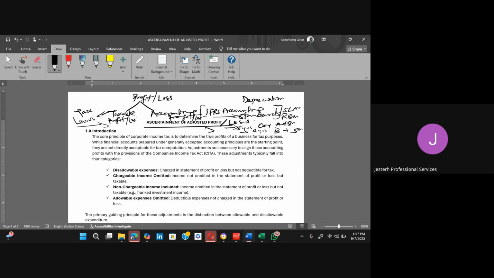Even if both of them use the same useful life for their assets, at the end of the day, they will still arrive at different depreciation amounts. So that is one of the reasons why the taxman will never adopt the accounting profits to be charged using the tax rate.